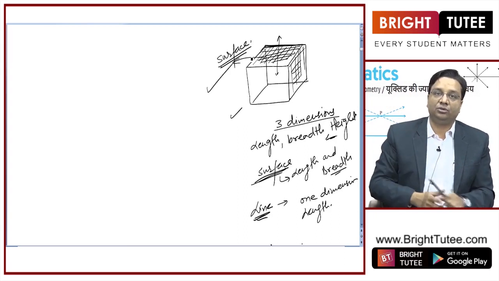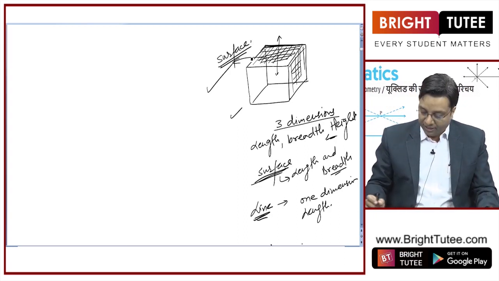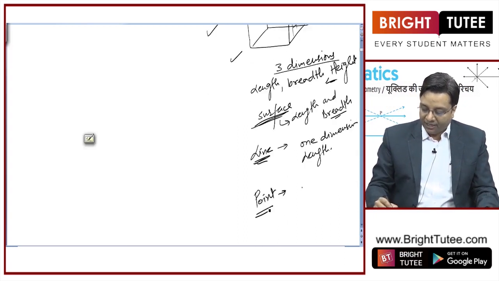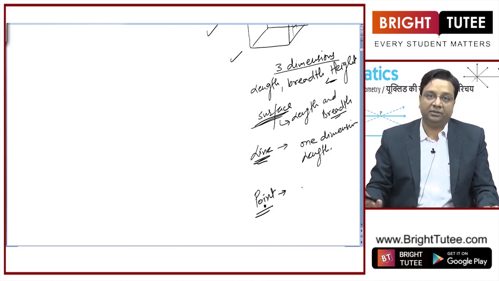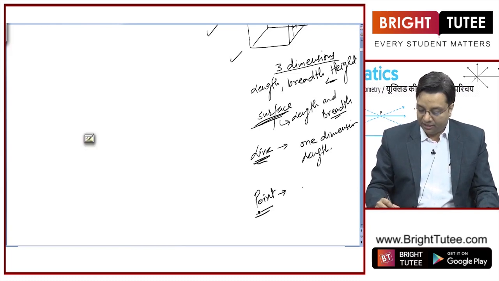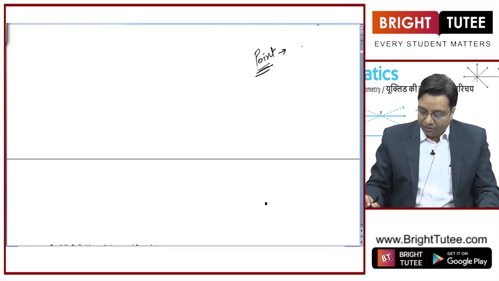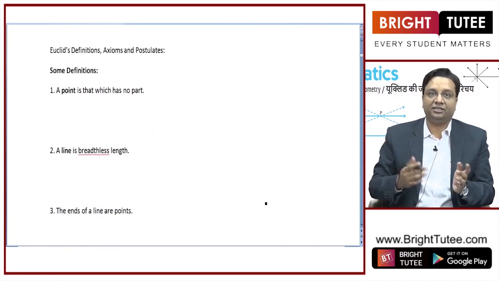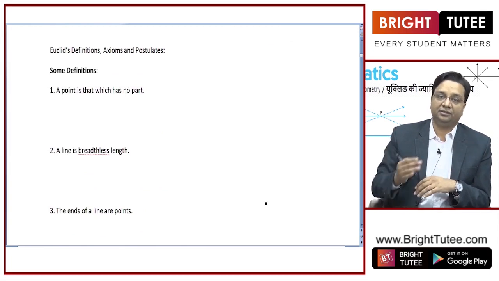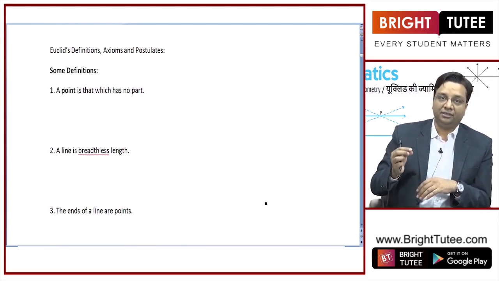This edge is known as line, okay, and end points of the line are points. Now points haven't got any kind of dimensions, okay, it is dimensionless, okay. Now Euclid compiled these definitions, axioms and postulates in his work known as Elements, right.